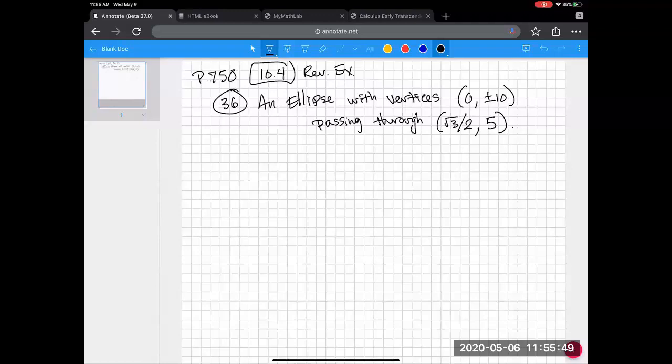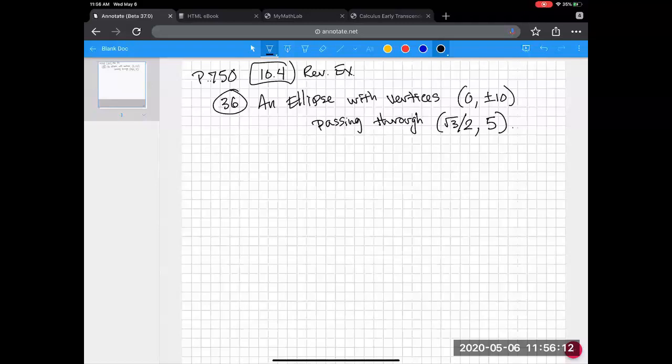So we're supposed to find an equation and sketch a graph, labeling the vertices and the foci. So we need to also come up with the foci, we need to come up with the equation, and they gave us the ellipse, the vertices and a point on the ellipse.